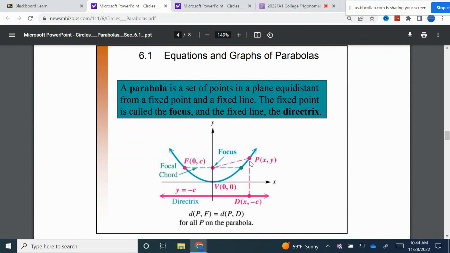Okay, so these two distances are the same. So notice that it says the distance from P to F. So P would be the point on our curve to the focus point. That's equal to the distance from the point on our curve to the directrix. So this is what makes a parabola a parabola.